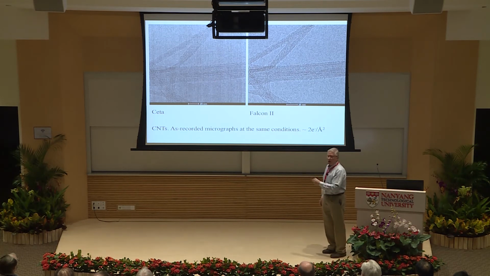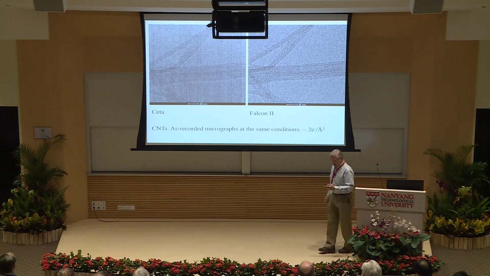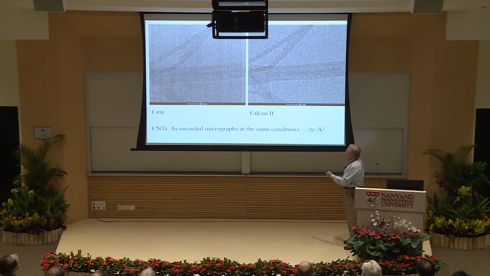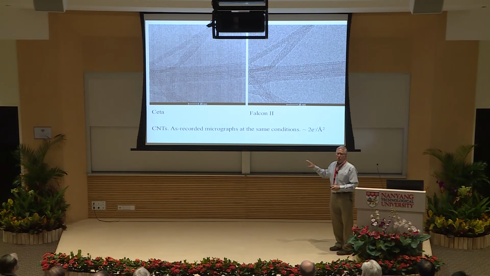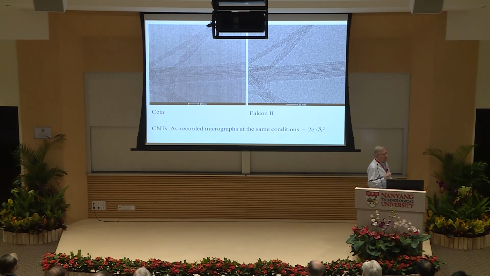The old style camera, which involves scintillation, and the direct imaging camera, which is called the Falcon. This was done on the Falcon 2. Now we have upgraded it to Falcon 3. Those two pictures were taken at the very same conditions with very, very low electron exposure, just 2 electrons per angstrom squared. And what you see very well is the big difference between the two.